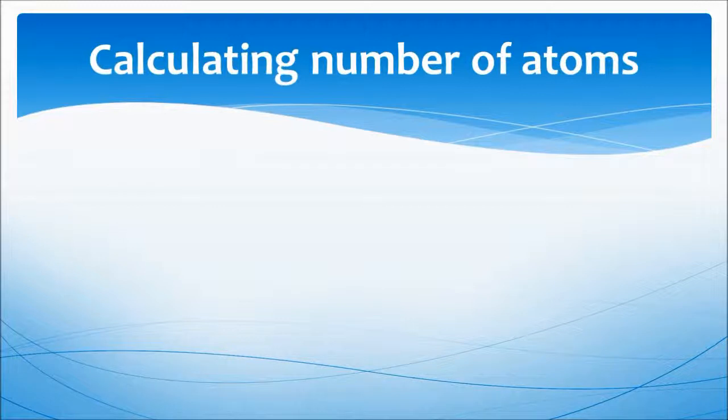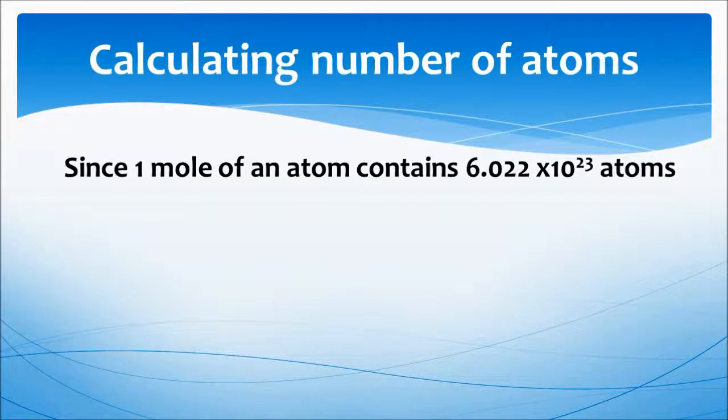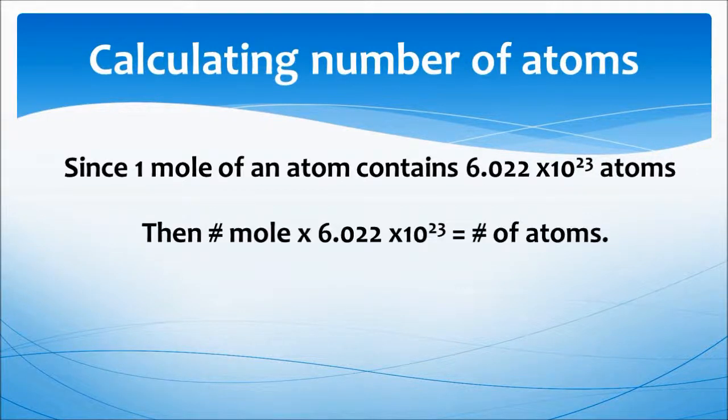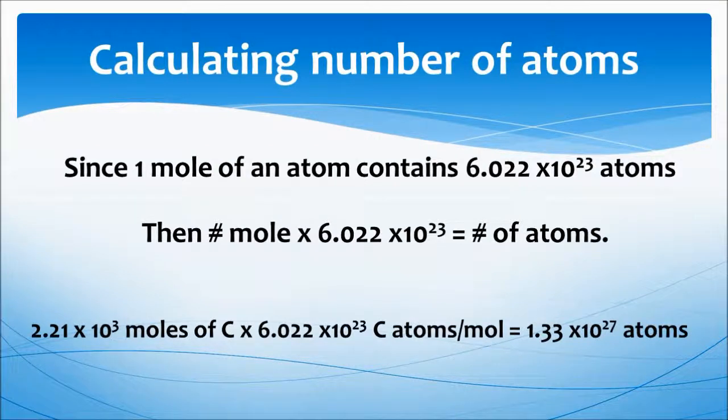Oftentimes, you are asked to calculate the number of atoms. Since 1 mole of an atom contains 6.022 times 10 to the 23, the number of moles multiplied by Avogadro's number is equal to the number of atoms. Earlier, we calculated the number of moles to be 2.2 times 10 to the negative 3 moles.